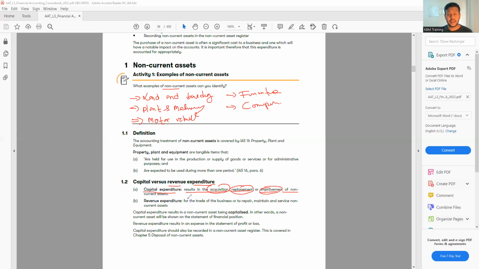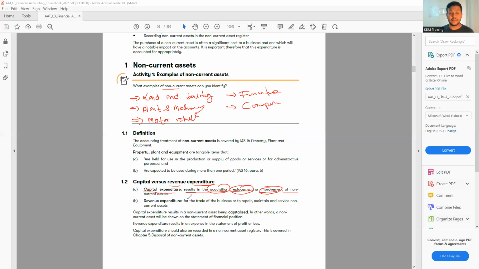When you have an improvement, it is also part of the capital expenditure. For example, if you have a computer and the computer has 2 GB RAM, so you now replace it and you make it 4 GB RAM or 16 GB RAM. For that reason, the efficiency of the computer will be increased. It will be faster. So if you make an improvement, then it is a capital expenditure.